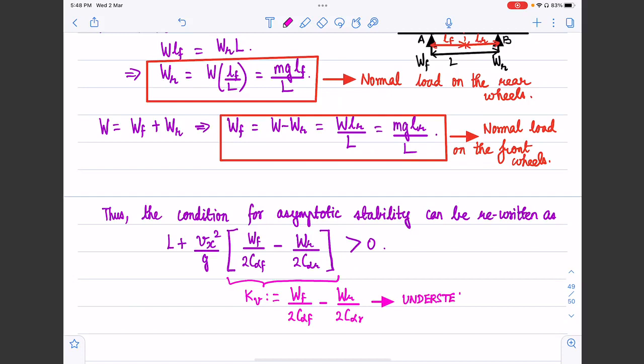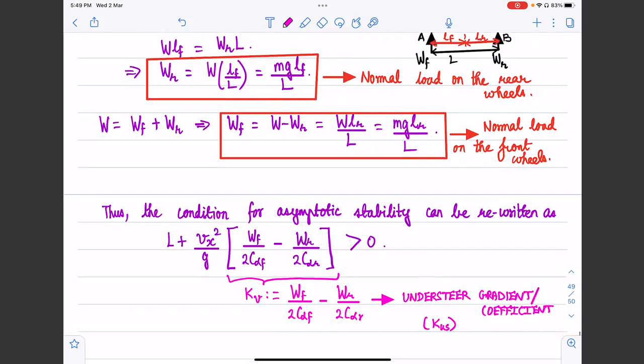Some people call it the understeer coefficient also, so gradient or coefficient. In some references, you would also see that this is denoted by K subscript US.